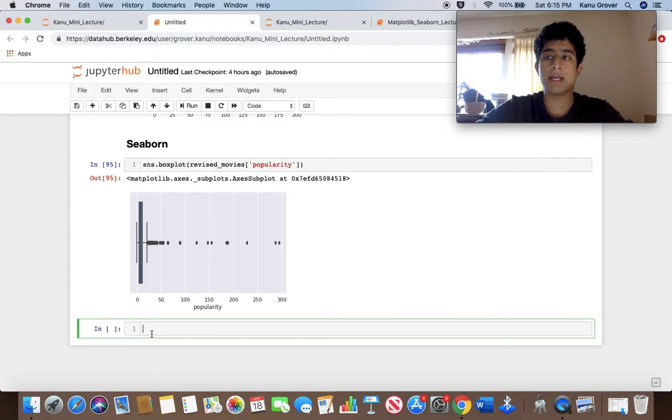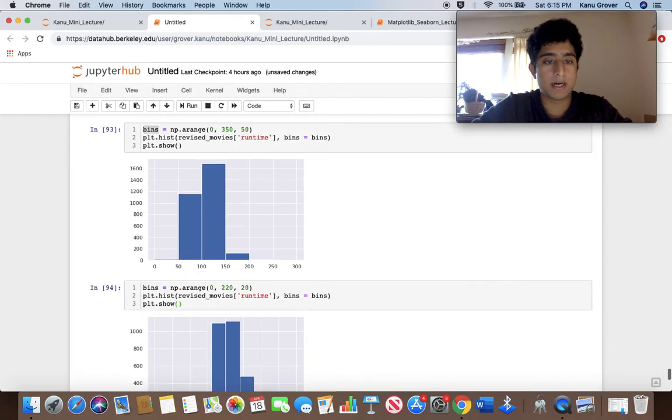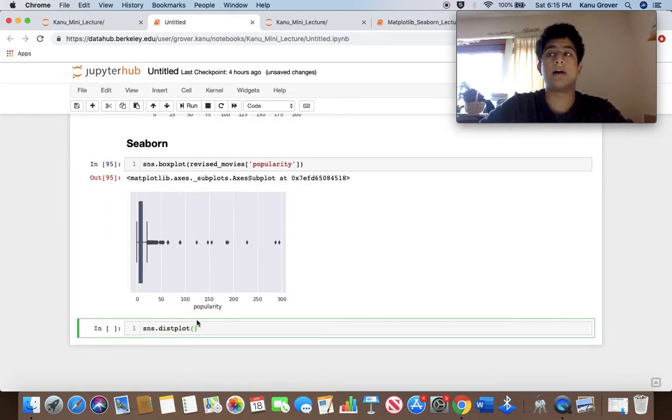So if we want to look at a histogram, the code is sns.distplot. Sorry, instead of hist for a histogram. So the same exact arguments: you would index into popularity, and we would set our bins equal to something we defined before this.